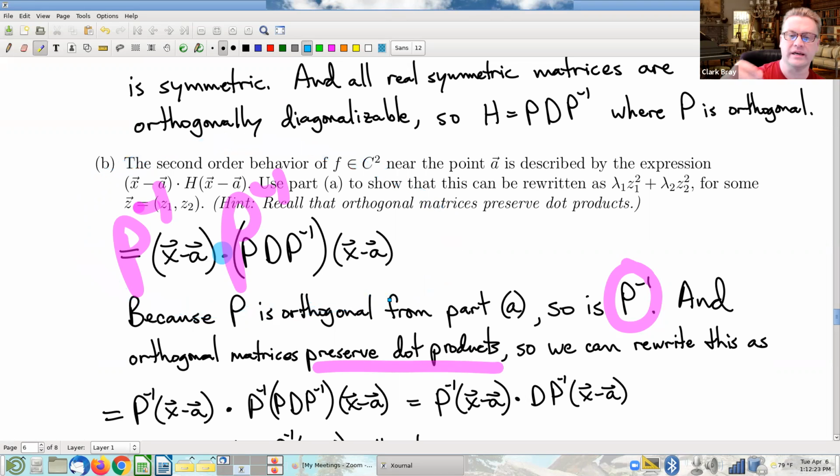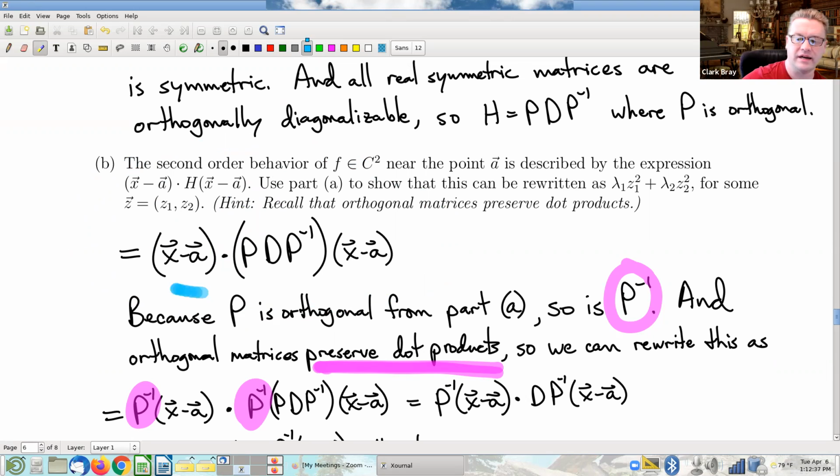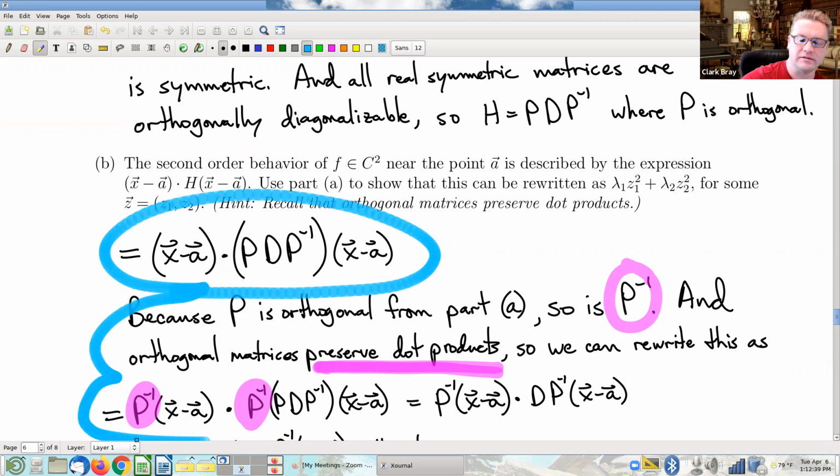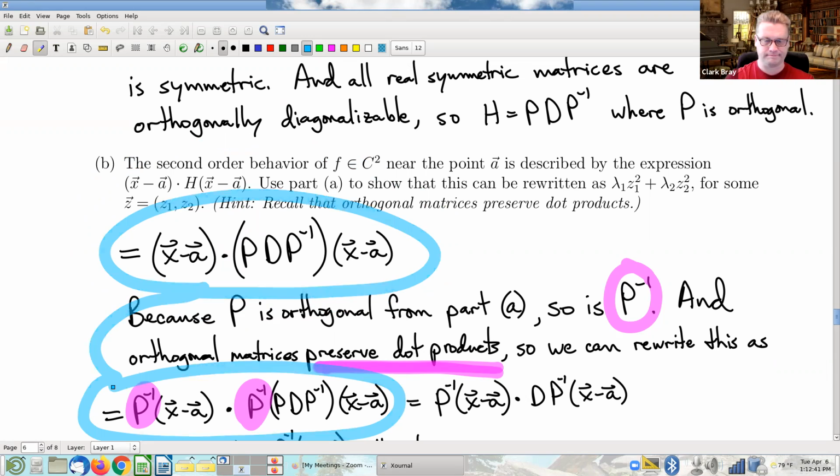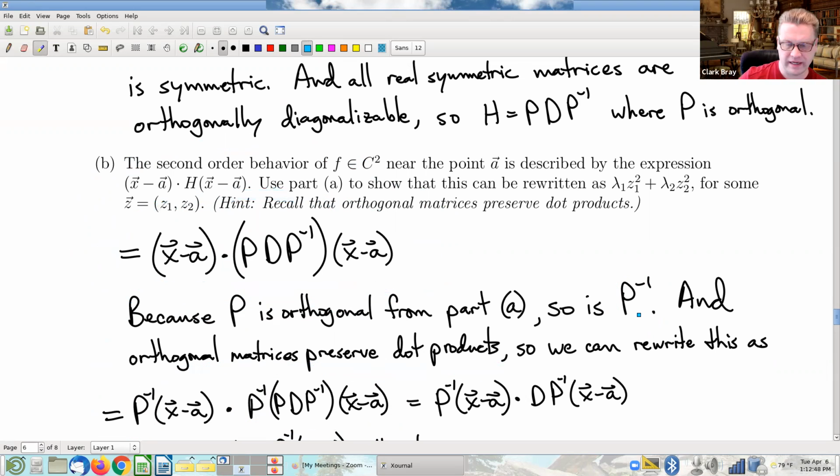So said differently, this P inverse right here doesn't do anything. This dot product is equal to this dot product. So now a little bit of convenient algebra that cancels with that, of course, and therefore we get this expression.